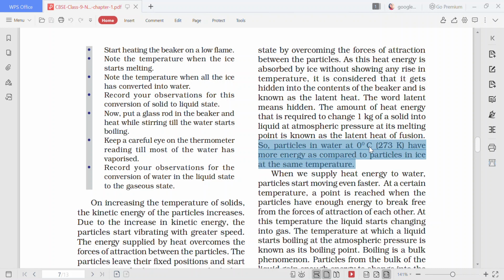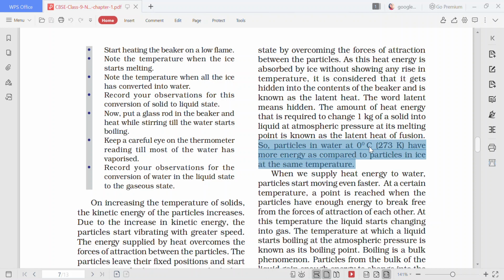So just seeing the states, we can say that yes, the temperature of student B's bottle is higher, because the state is water and its original temperature is 0 plus some hidden heat which is not shown by the thermometer, but it is present.